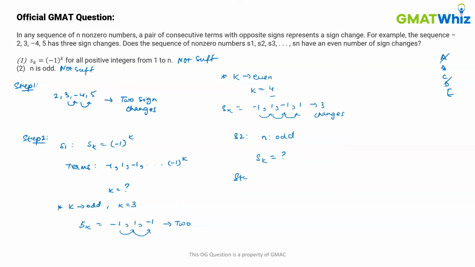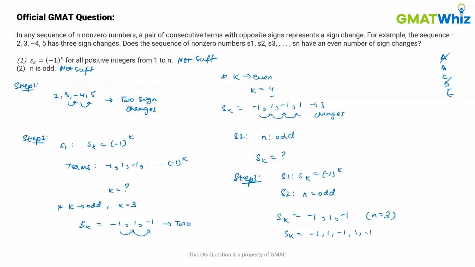And we move on to the last step, which is step 3, and analyze the statements together. According to statement 1, Sk is equal to minus 1 to the power k, and according to statement 2, the value of n is odd. Therefore, Sk will be equal to minus 1, 1, minus 1 when the value of n is 3, or Sk will be equal to minus 1, 1, minus 1, 1 and minus 1.